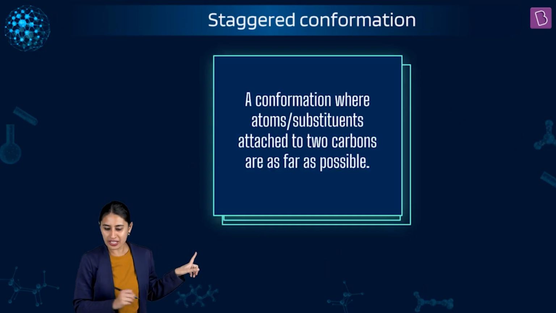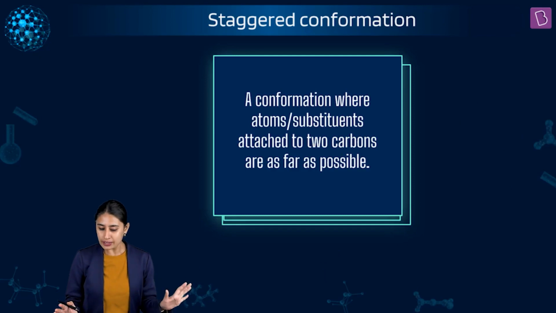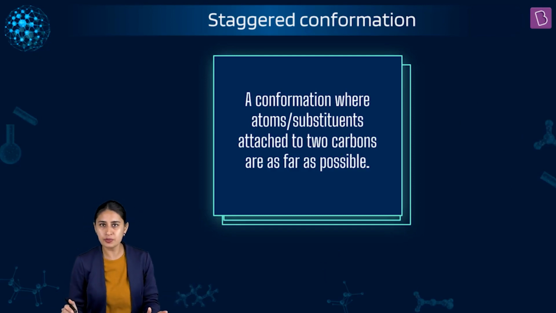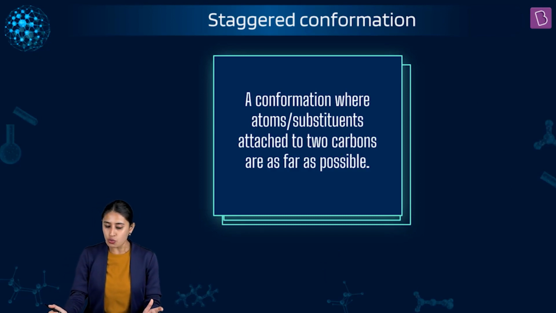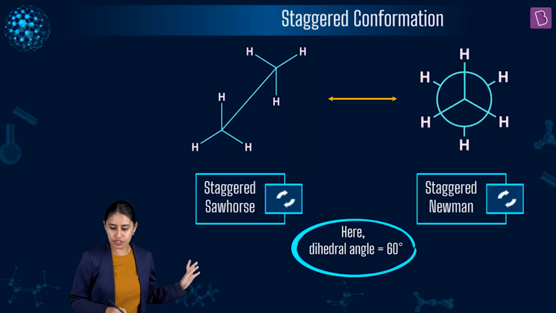Staggered. What happens in staggered? A conformation where atoms, substituents, we can have hydrogen atoms or any other substituent attached to two carbons, are as far as possible. They're as far away from each other as possible. For example, check the hydrogens out here.